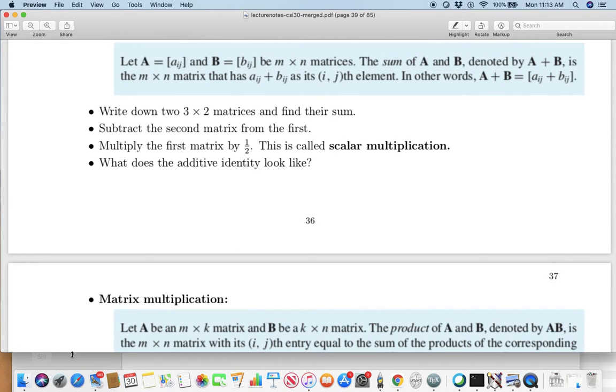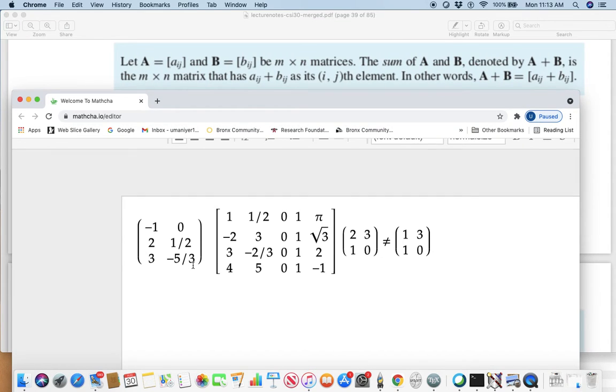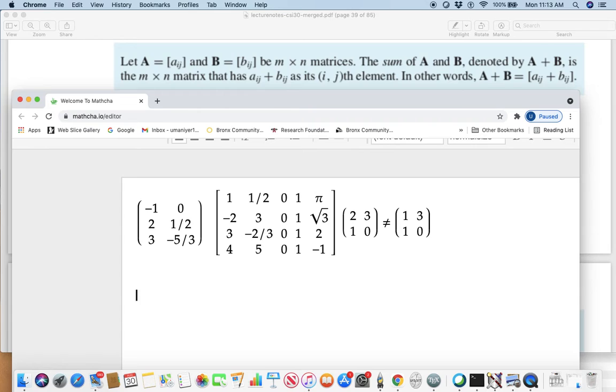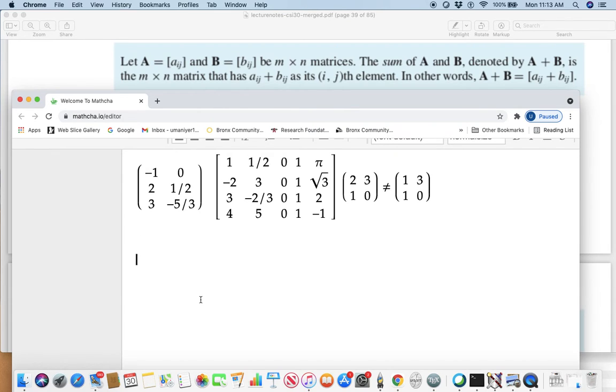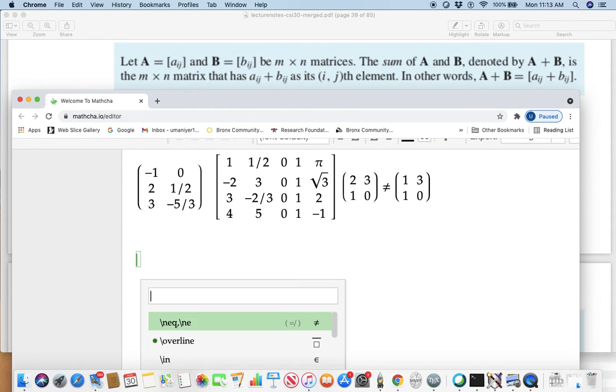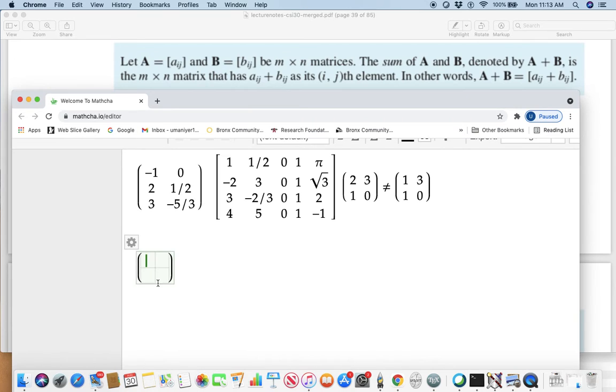I will write a matrix that is 3 by 2. All right, so let's see. Suppose I have 2, 1, 0, negative 2, 0, 3, 4.